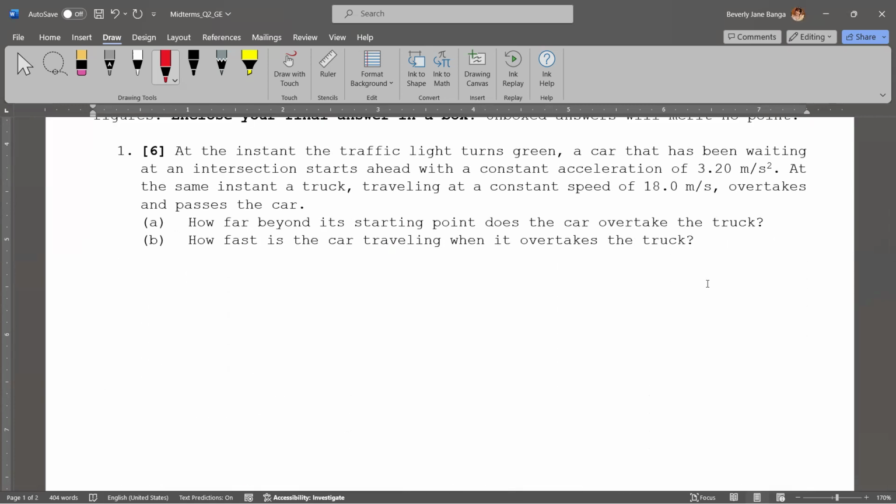It says here, at the instant the traffic light turns green, a car that has been waiting at an intersection starts ahead with an acceleration of 3.20 meter per second squared. At the same instant, a truck traveling at a constant speed of 18 meter per second overtakes and passes the car.